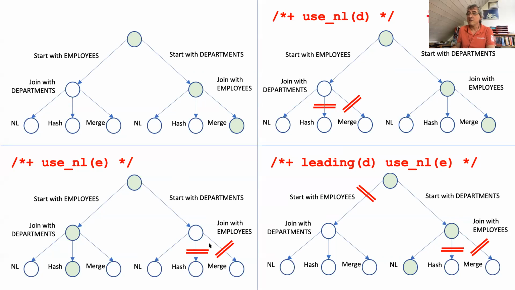If I do a nested loop on the other side, it switches to another execution plan. And if I say you have to start here with the departments table and use a nested loop, so no hash join and merge join, only this branch remains, and this is the perfect execution plan that is executed here.